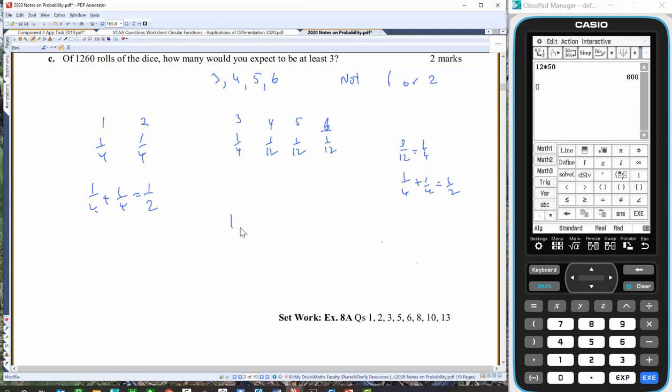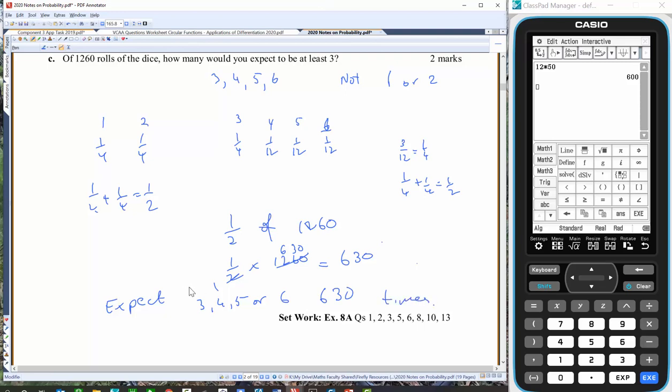So what I'm going to say is, what is a half of the 1,260? That's a half times 1,260. That's going to be 630. So expect 3, 4, 5, or 6, 630 times.